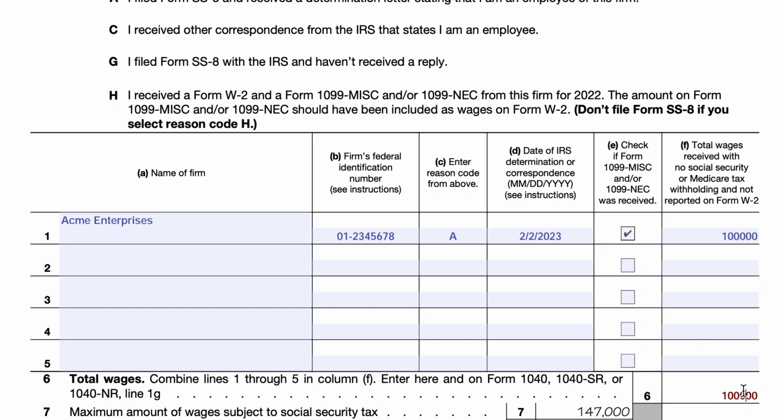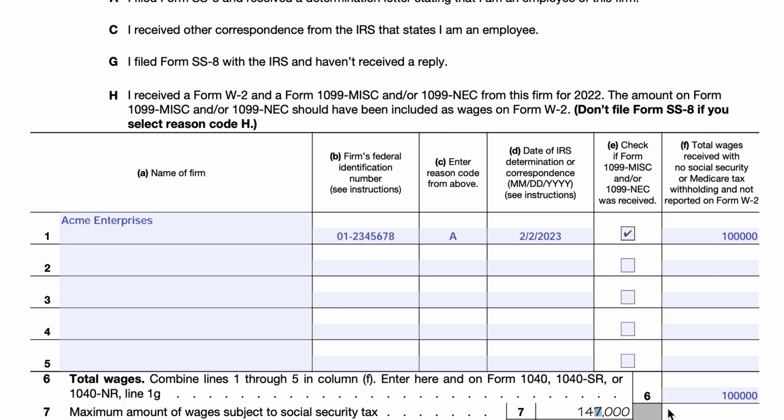That's $100,000 of wages that you would also enter on your Form 1040. There's a specific line 1g that talks about wages where Social Security and Medicare taxes were not already withheld.